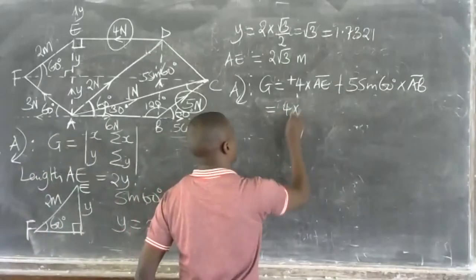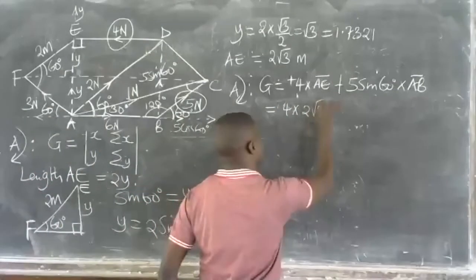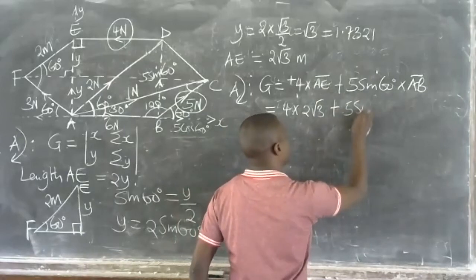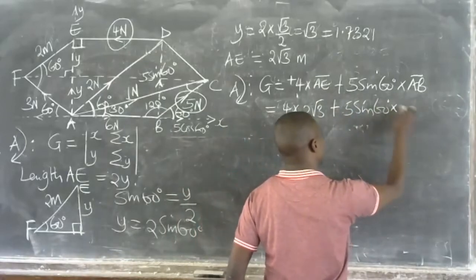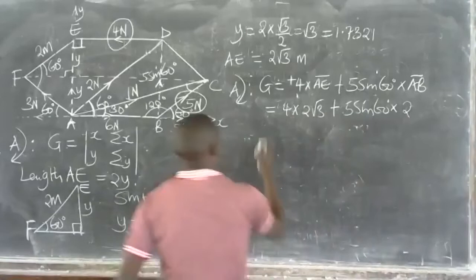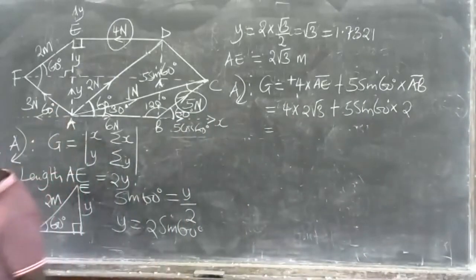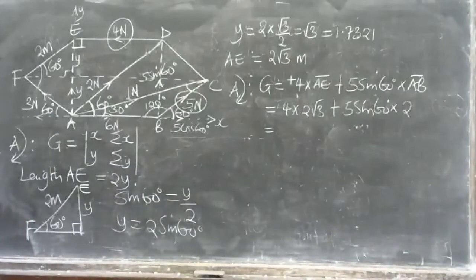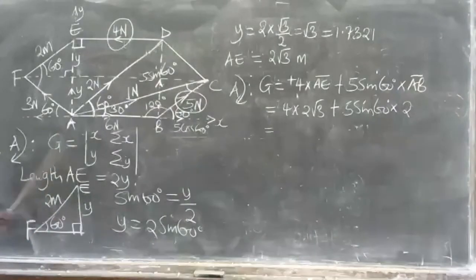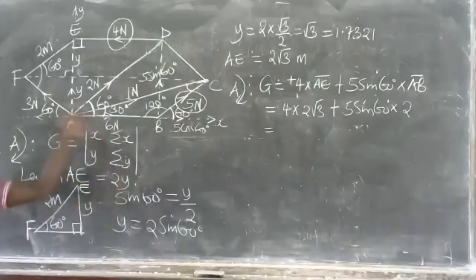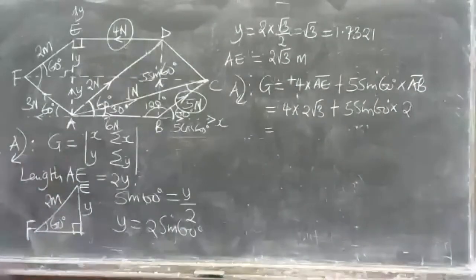So this is 4 times 2 root 3 plus 5 sine 60 degrees times 2. This time we are getting positives, but you can also end up with negatives. You should be careful with the type of moment you have, whether clockwise or anti-clockwise.